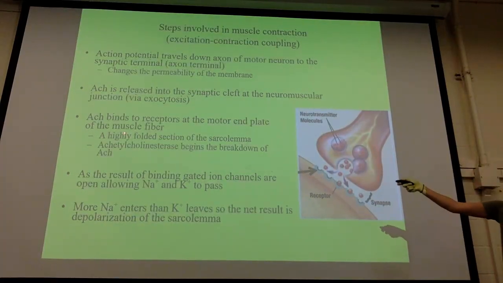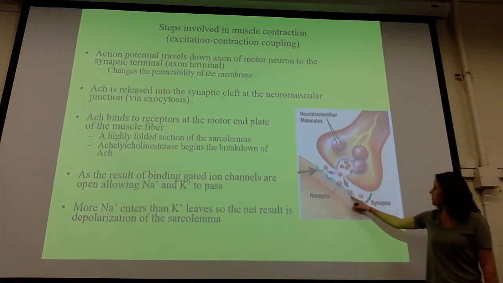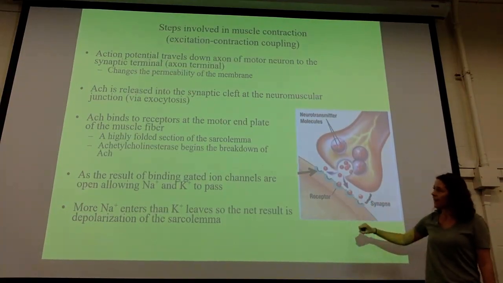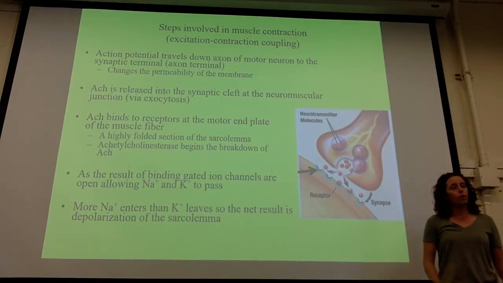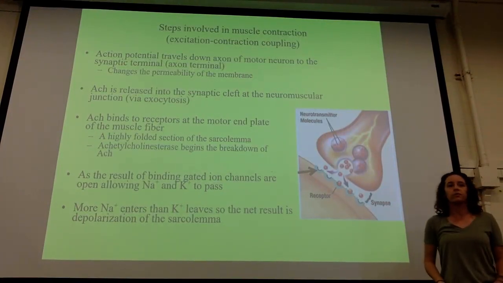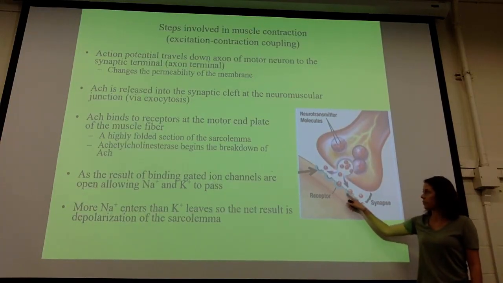So next step: ACH, acetylcholine, binds to receptors at the motor end plate of the muscle fiber. The motor end plate of the muscle fiber is just the name of the spot that has the receptors.